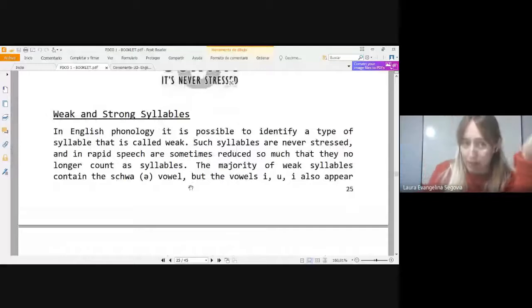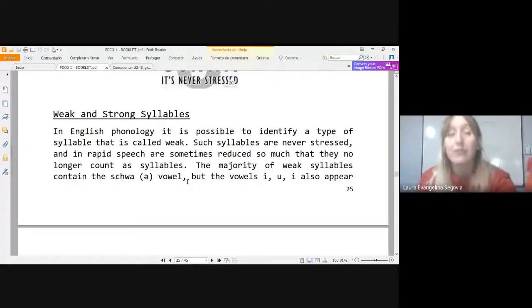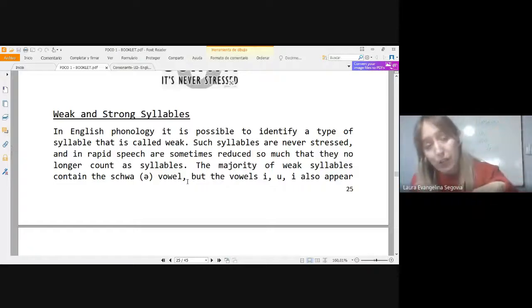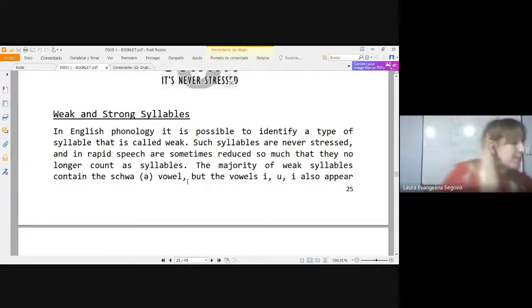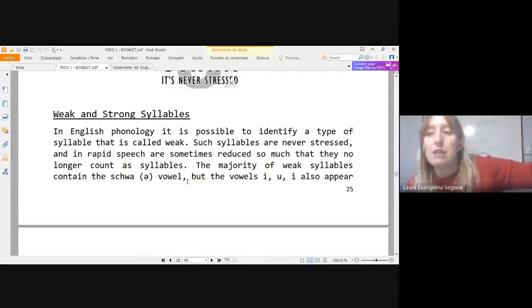Okay, weak and strong syllables. We have already seen that syllables have a structure in which we have consonant, vowel, consonant, right? And that distribution sometimes can be vowel, consonant, sometimes consonant, vowel only.